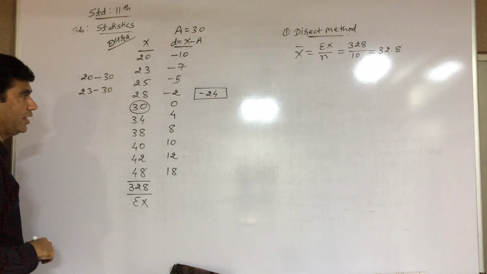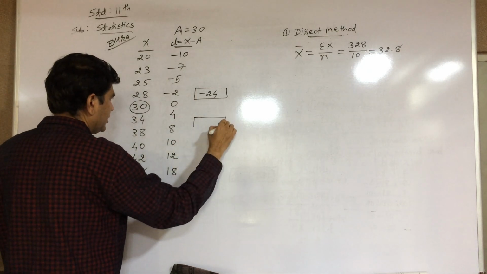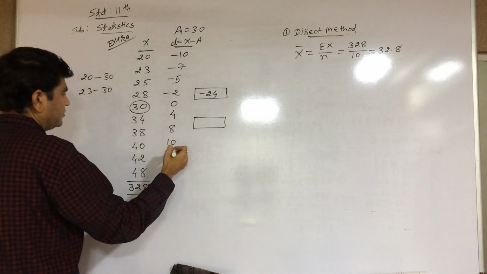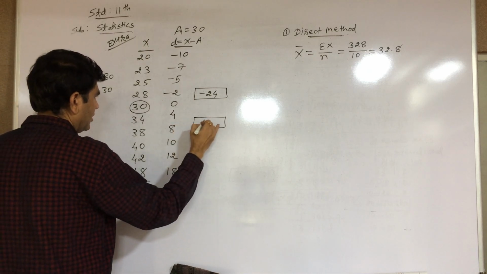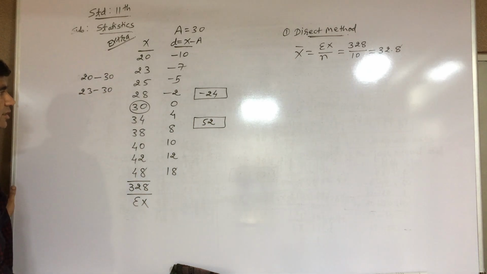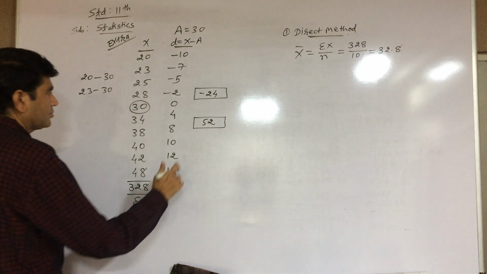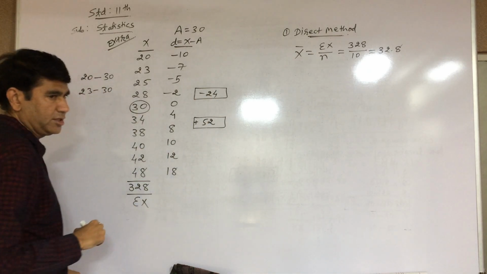Yes, negative 24. And then find out total for positive data. You can use calculator. I think plus total is 52.